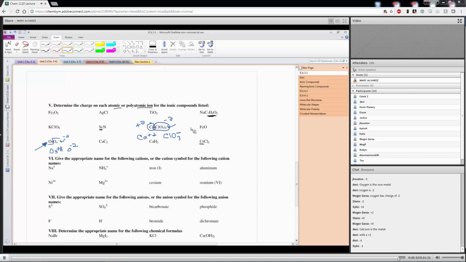This is hard, isn't it? Think of it like a puzzle, a logic puzzle, because that's essentially what it is. The charges do have to cancel, and we just have to use what we do know, in this case the calcium, in the last example the oxygen, to deduce what we didn't know.